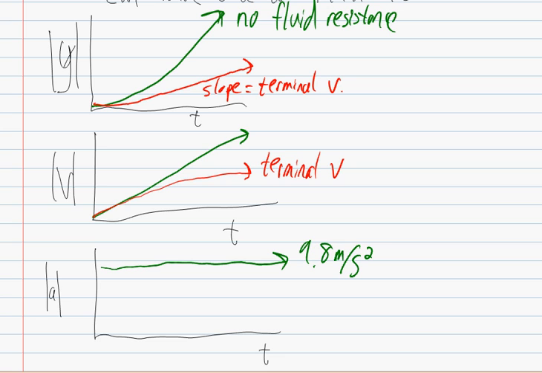The truth is that what's going to happen when you have a terminal velocity is the acceleration is going to start off at 9.8, but eventually it's going to head down to 0. And at this point, this is terminal velocity.